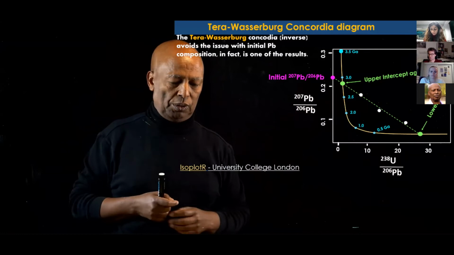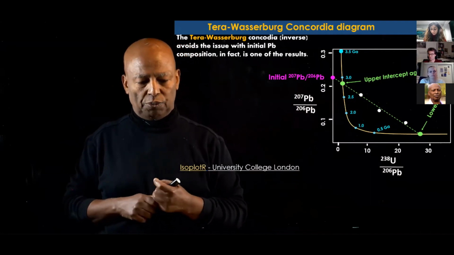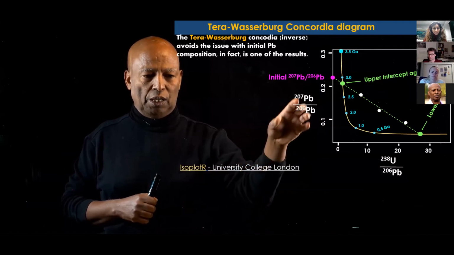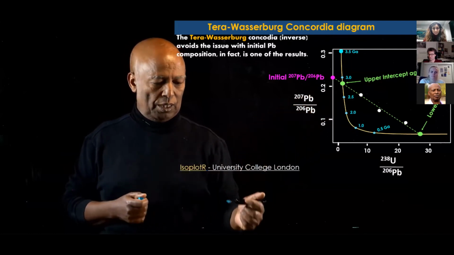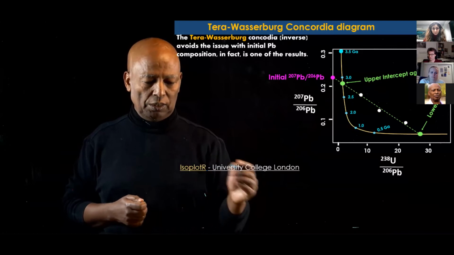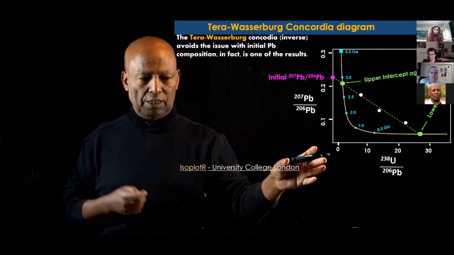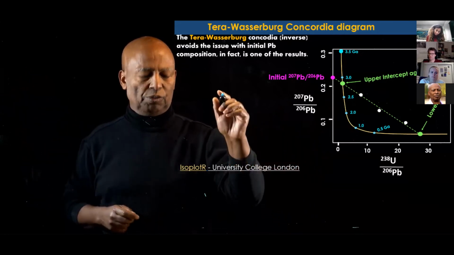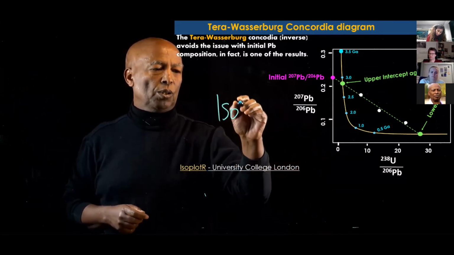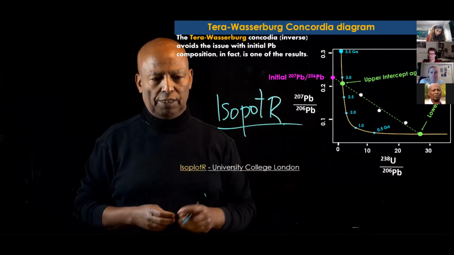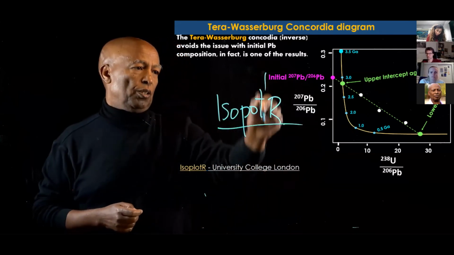Absolutely wonderful. By the way, for those of you who are interested in playing around with data and seeing how you calculate this stuff, there's a site called IsoplotR, maintained by University College London, and they have different remote sites. So if you just Google IsoplotR, you should be able to find the site. We use the regular Isoplot.